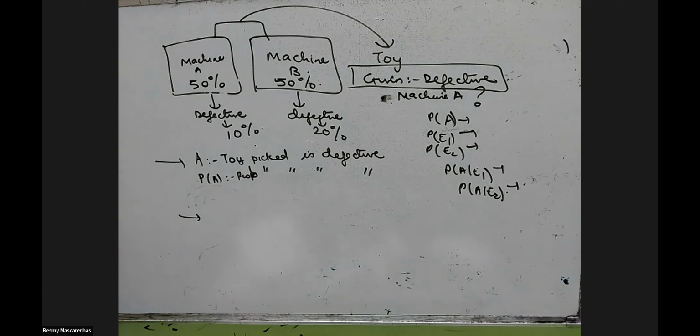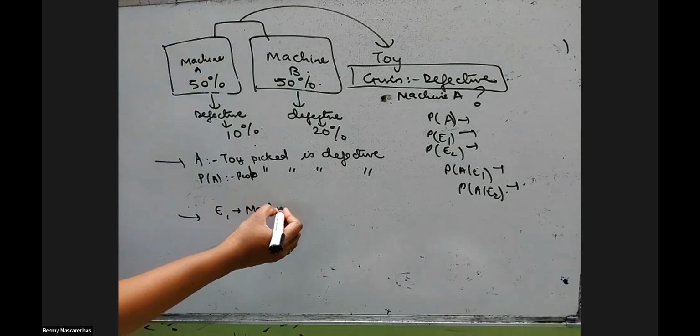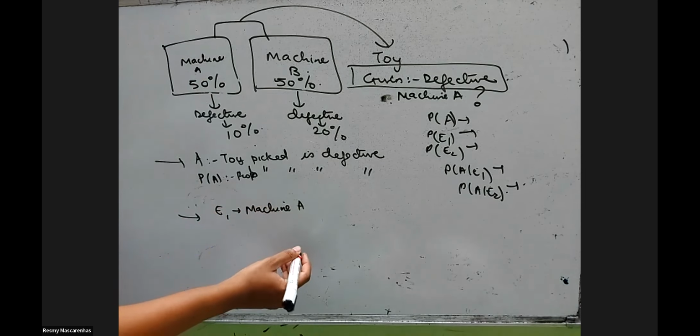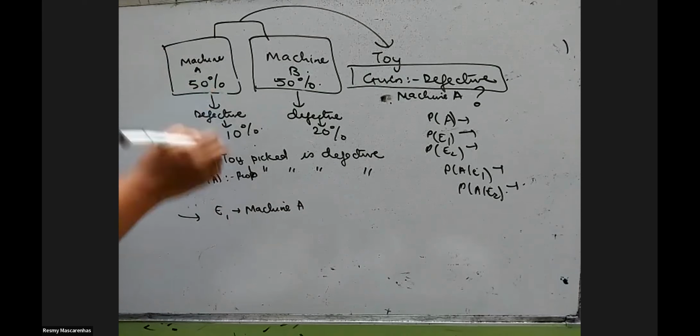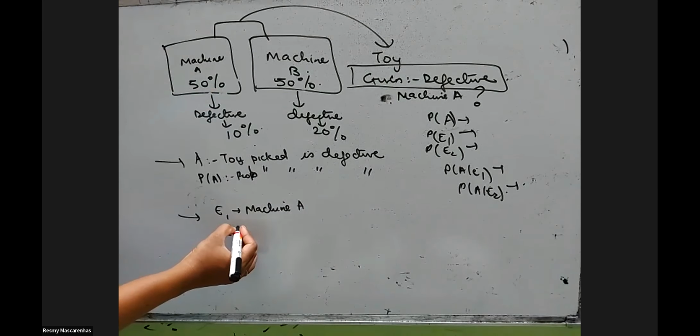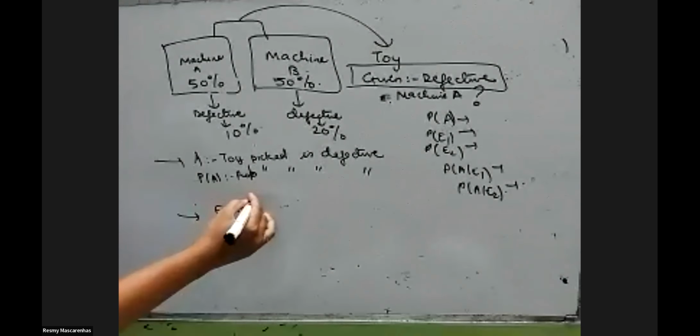Like how we had two boxes. So E1 will be for machine A. So how many toys have been produced? Probability of E1, you can say the toy produced by machine A.